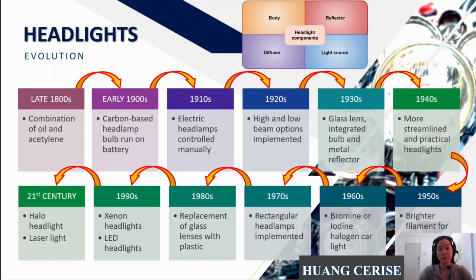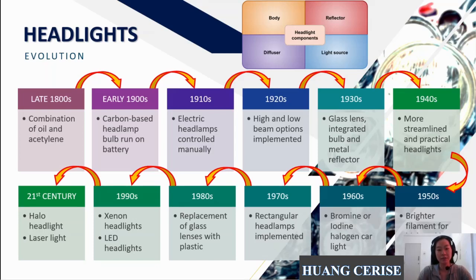In the 1940s, more streamlined and practical headlights. In 1950, brighter filament for high and low beams. In the 1960s, bromine or iodine halogen car light.